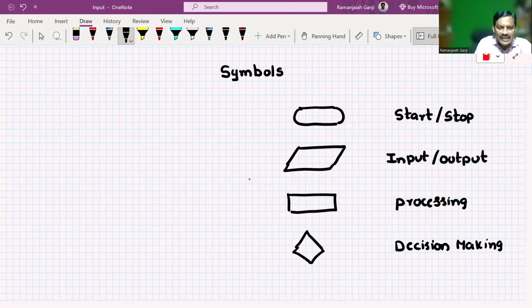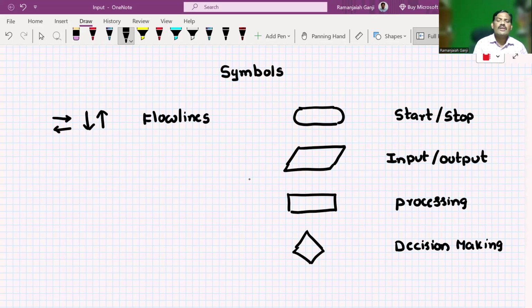Next concept is arrow marks. These elements can be used for connecting one symbol to another symbol in terms of flow lines. And then specifically, we are using a special symbol called a print symbol.